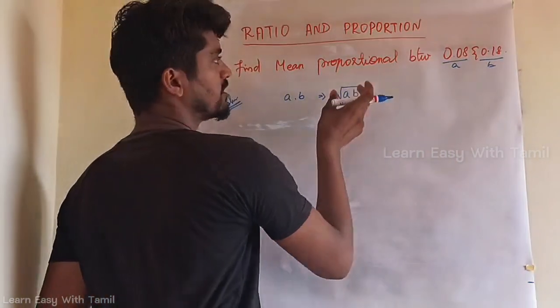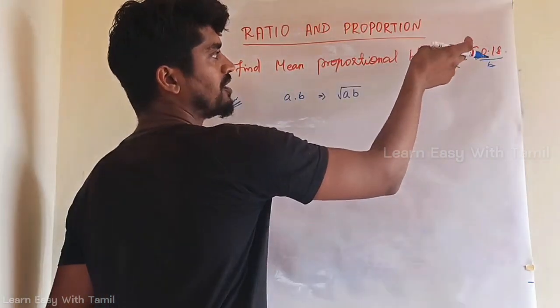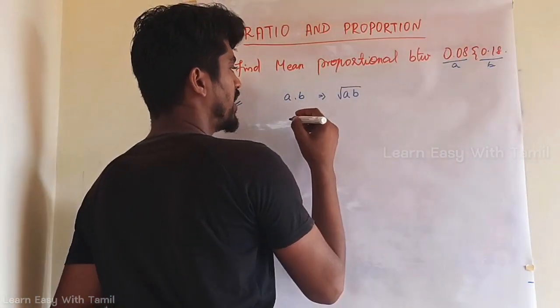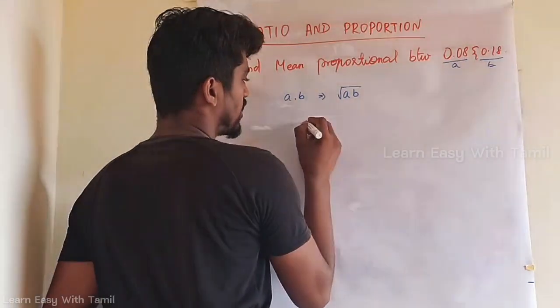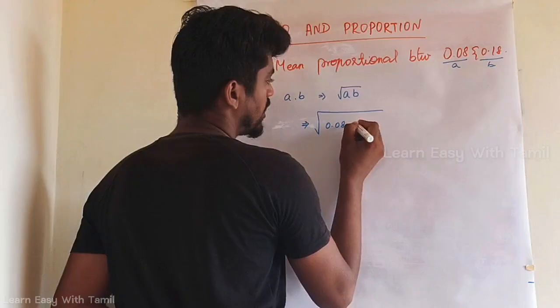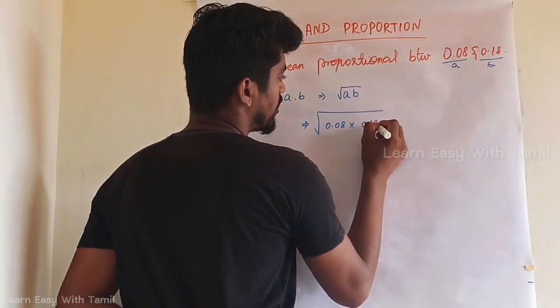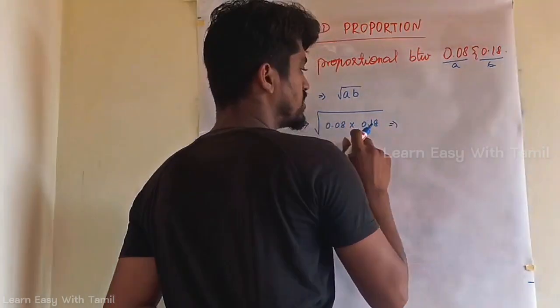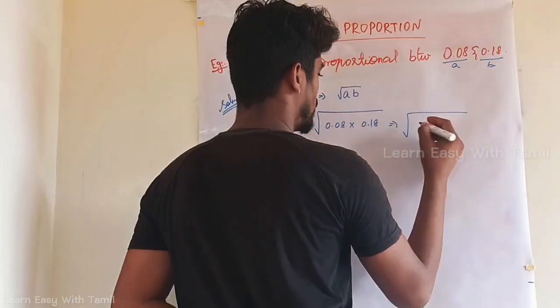We have to find the mean proportional between 0.08 and 0.18. So we can write the whole root of 0.08 into 0.18.